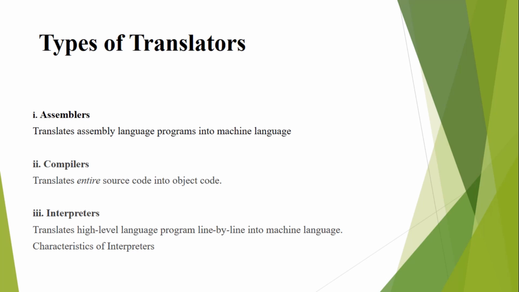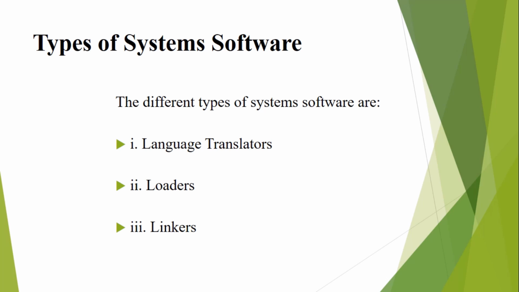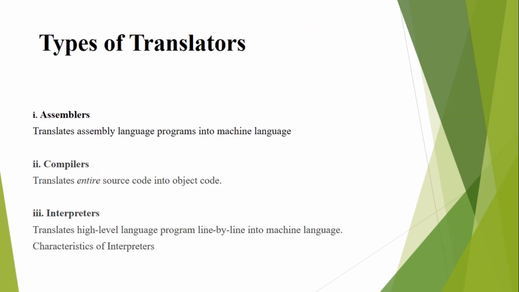So we have types of translators. We start with the language translators, and we have the first type being the assemblers.